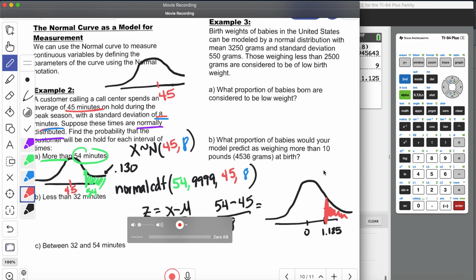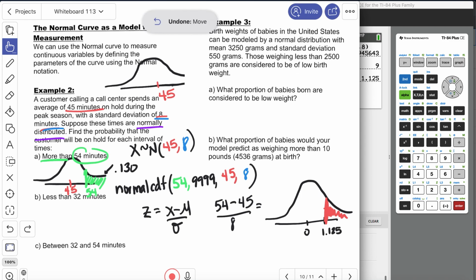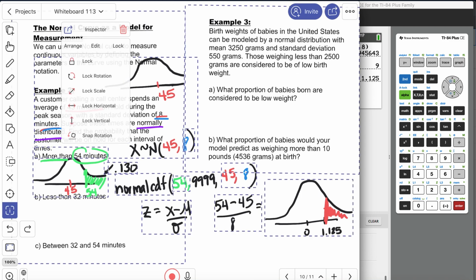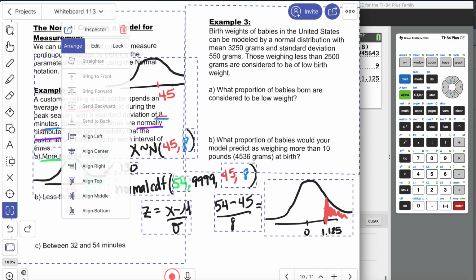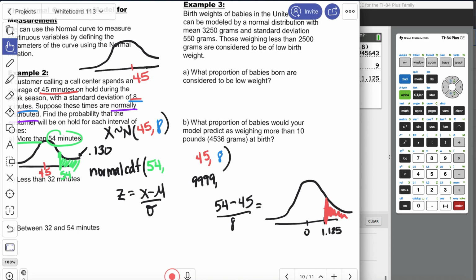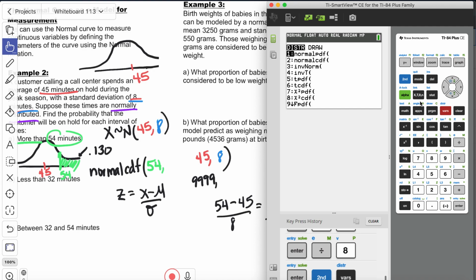So remember, to calculate that area, we're going to go second vars, normal CDF number 2.